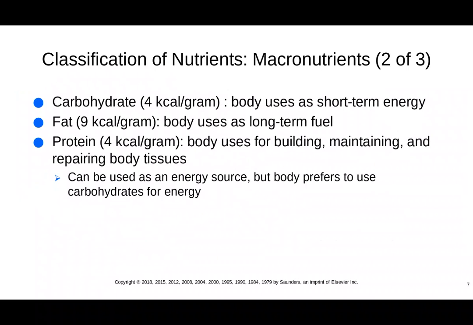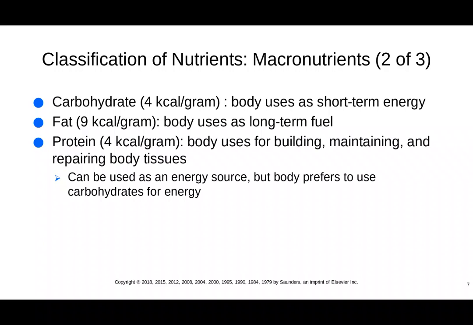So carbohydrates, which consist of 4 kilocalories per gram, our body uses these as short-term energy. Fat consists of 9 calories per gram. Our body uses this as a more long-term fuel source. And then protein, which is also 4 calories per gram. This is used by the body for building, maintaining, and repairing tissues.